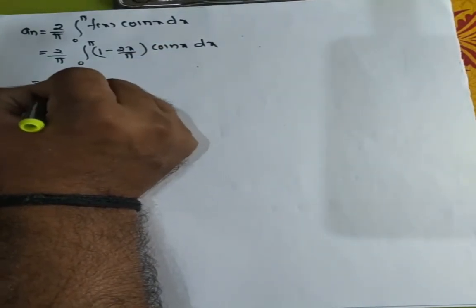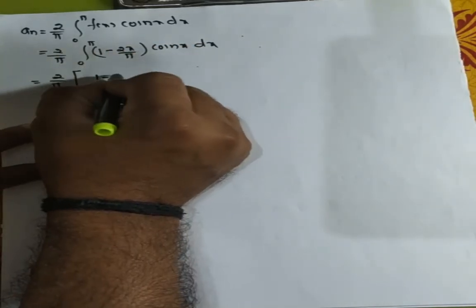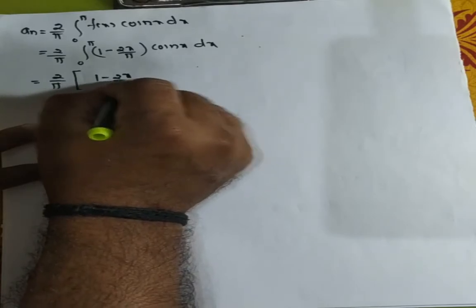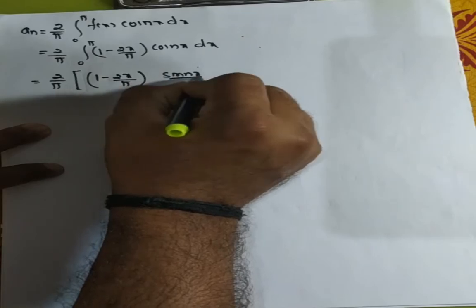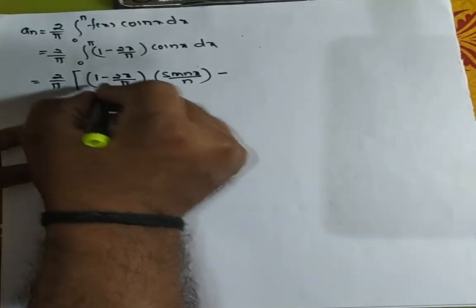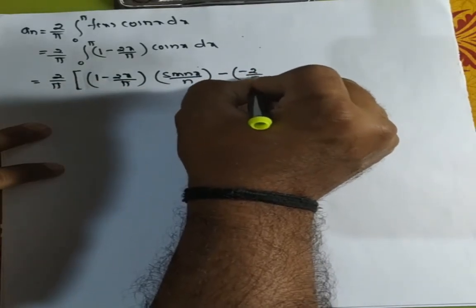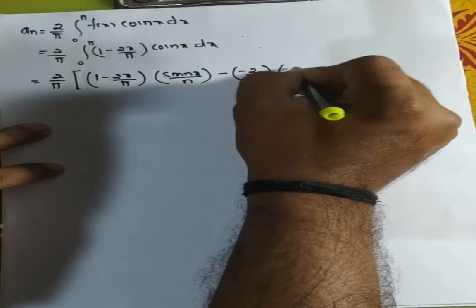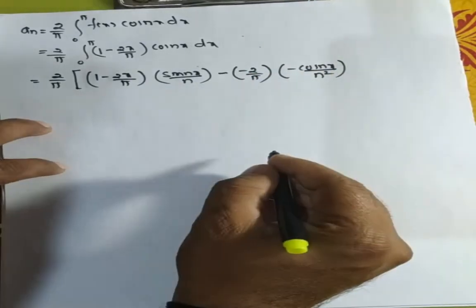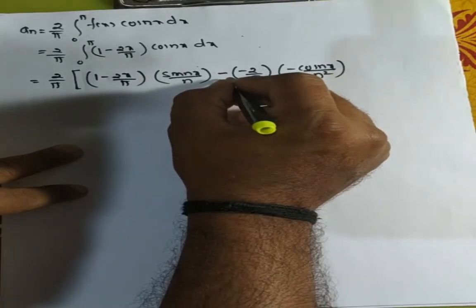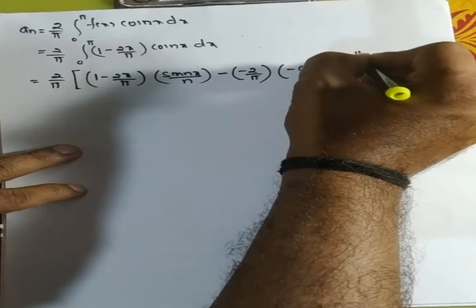Apply Bernoulli's rule: first function as it is, then integration of cos is sin nx divided by n. Then minus, differentiation of the first is minus 2 divided by pi, and integration of sine is minus cos nx divided by n square. Then again differentiation of this term becomes 0, so let us move on, applying limits 0 to pi.